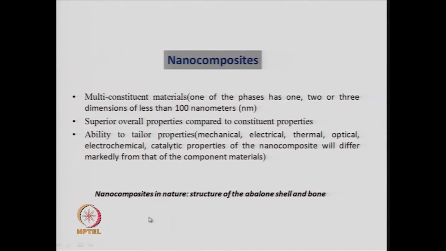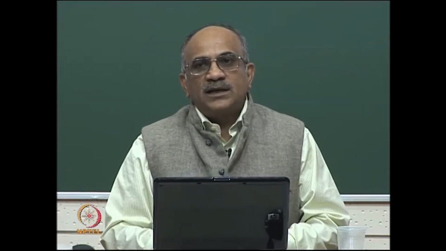In nature there are many nanocomposites available, which we see in our daily life, made by natural phenomena. An example is abalone shells. Abalone shells are found in marine animals, those found in the sea, and you can see many of them have shells, and these shells are made up of a mixture of, many times, calcium carbonate and a polymer, which may be a biopolymer.